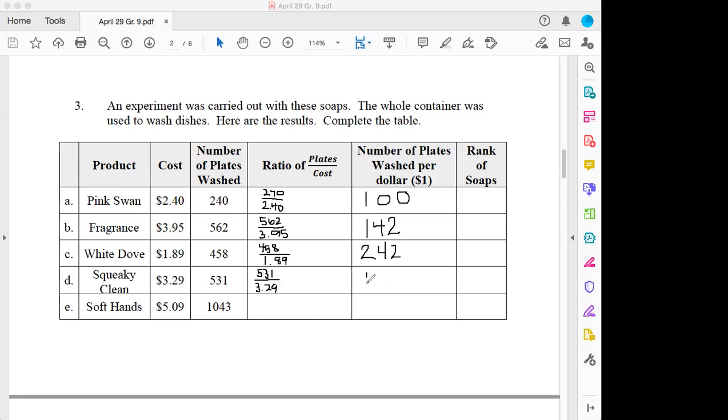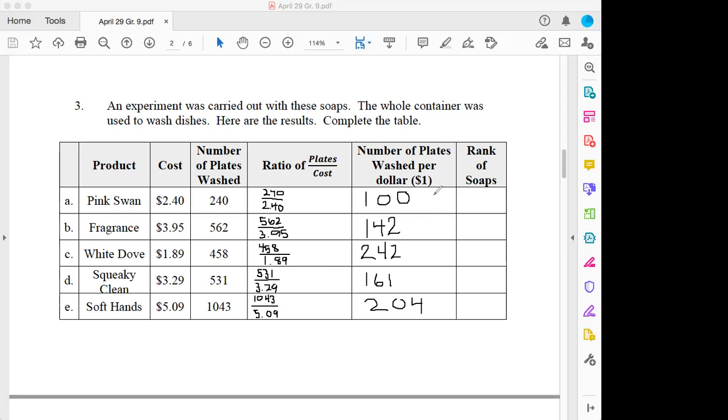And that, if you put into the calculator, is 161. And finally, our last one is 1,043 for $5.09. And that means that you can wash 204 plates for $1.